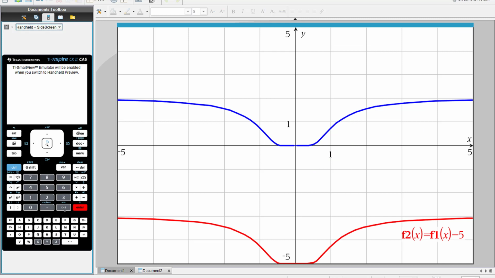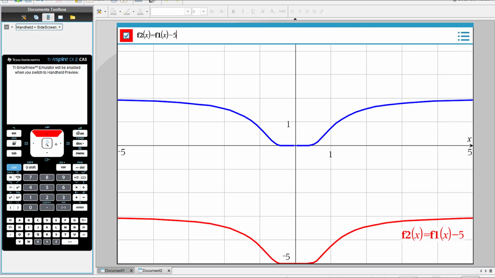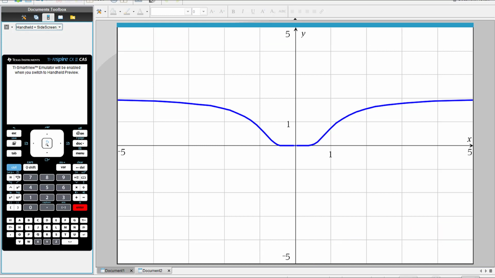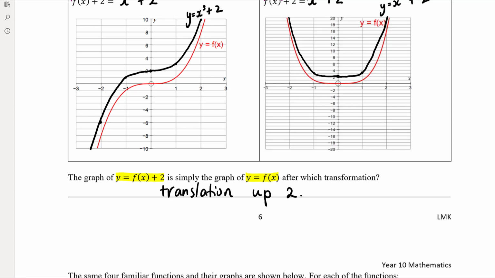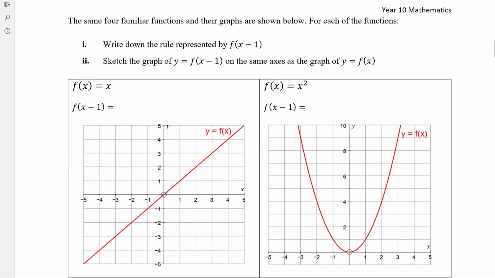Okay, so as long as you know the basic shape, if you then add or subtract a number onto the end of that equation, all you're going to do is take that original shape and move it up or down. Okay, all right, I'll just delete that red graph for now. We'll come back over here once we've introduced our next transformation. Okay, so let's go back. So again, the same 4 familiar functions.